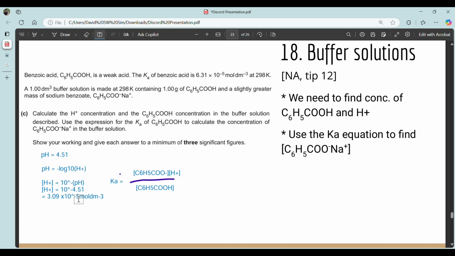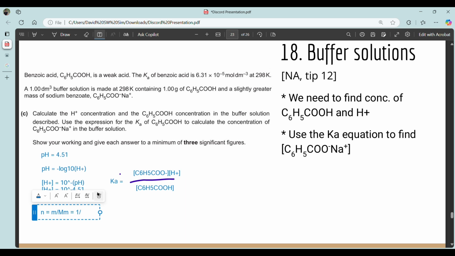Okay, so we have the concentration of H+. Now we just have to find the concentration of benzoic acid. They gave us the mass already, so we just have to find the number of moles. Number of moles is mass over molar mass.